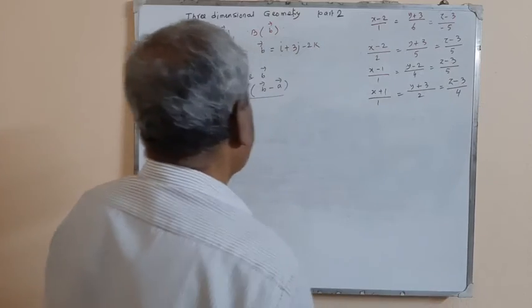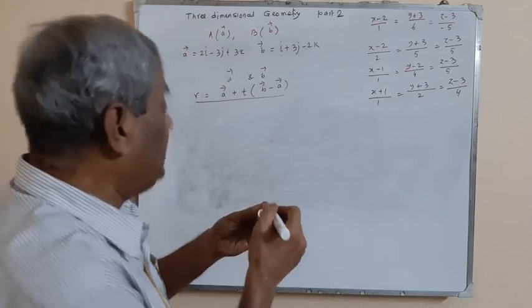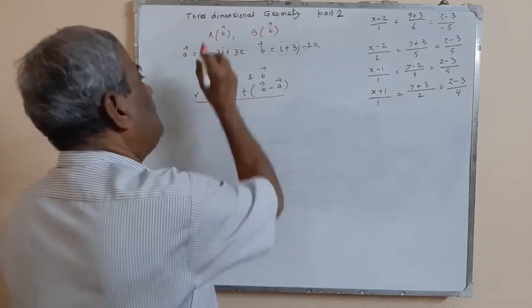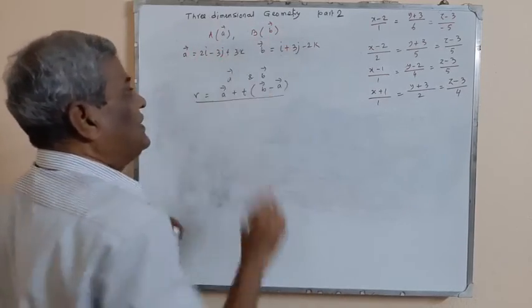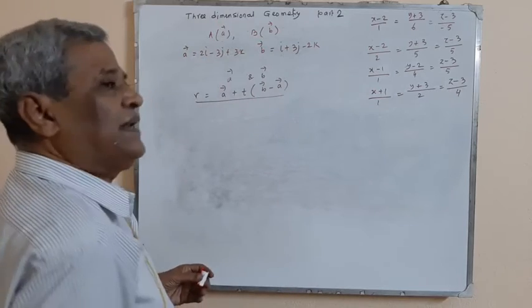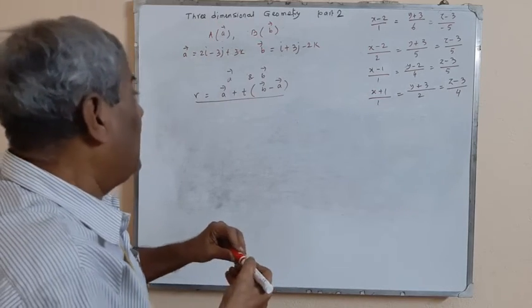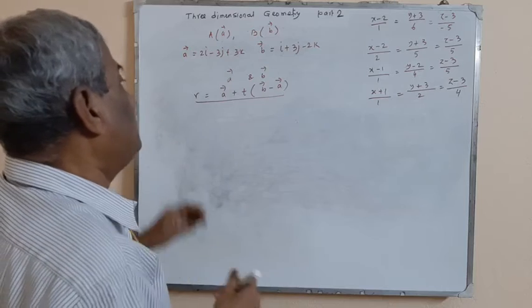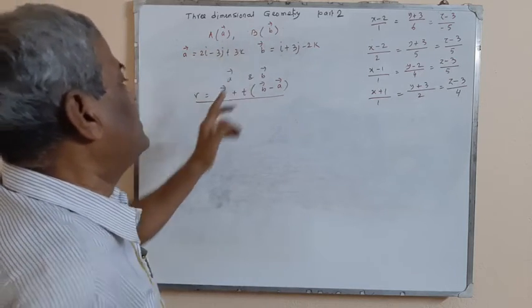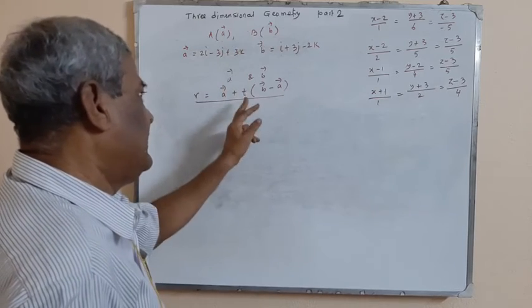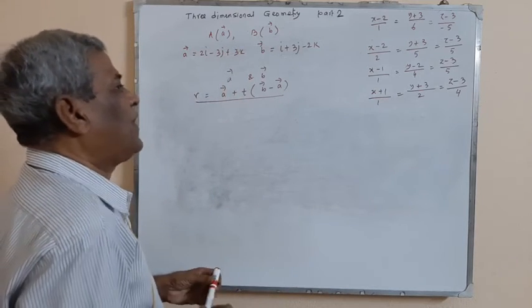So, once again, I am repeating the problem. A straight line passes through this vector and that vector, where A is this, B is that. Then, to find its vector equation, I have written here the vector equation of a straight line passing through two given points, where t is a parameter.